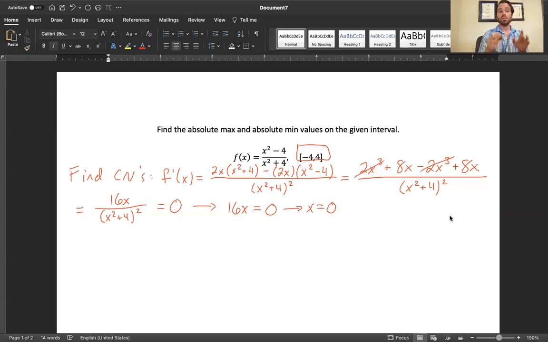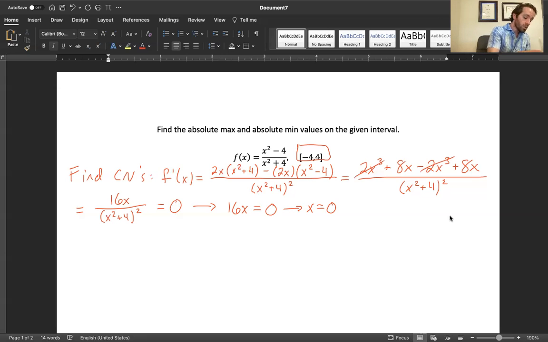But here, because the goal is to get the absolute max and absolute min values on this interval, it's going to be sufficient to just take this number, don't even bother identifying whether it's a local max or local min, just throw it in the function and then compare it to the values at the endpoints. And that will give you your competitors.